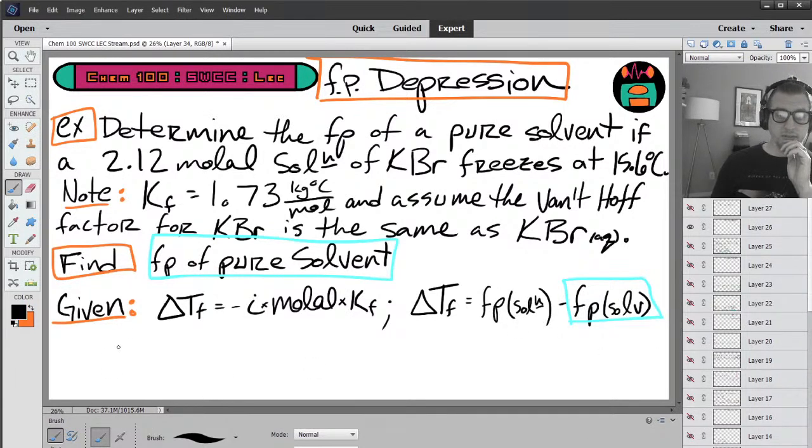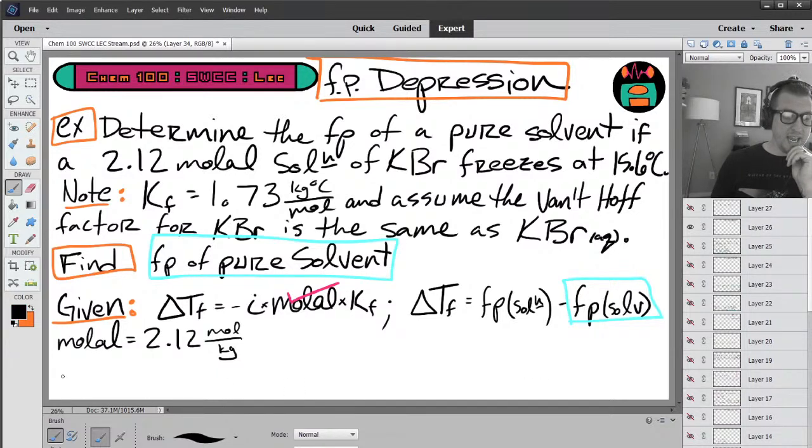Now let's look at what we're given. We're told what the molality of the solution is. Molality is 2.12. Now the units will always be moles over kilograms. So we know molality.